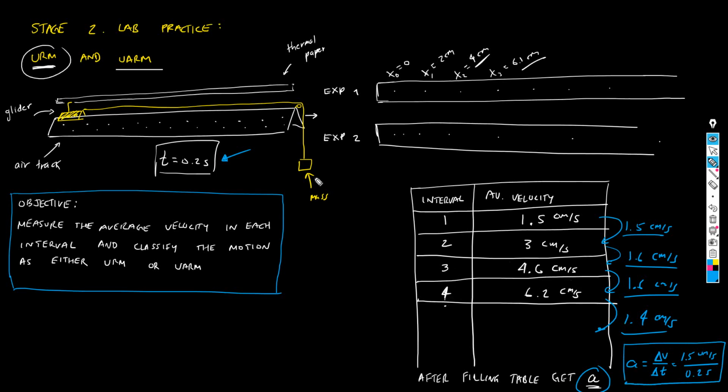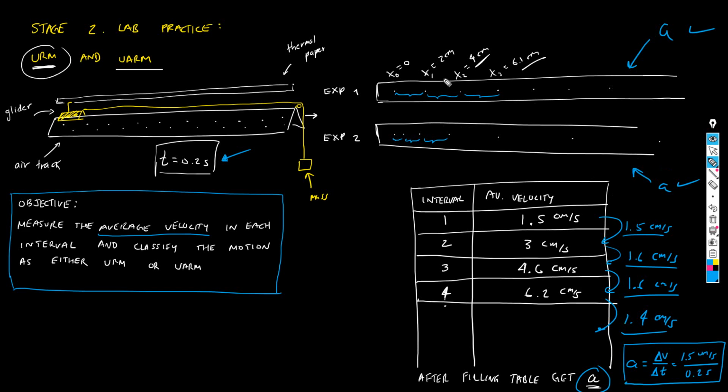The acceleration for this second experiment should not be 0. It should be something different than 0. So that's what I want you to do, guys. Measure the average velocities for both experiments, the average velocities for each interval. Remember, these are the intervals: first, second, third interval. At the end, with that information, you're going to calculate the accelerations of both motions.